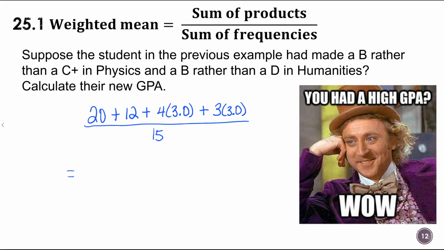Okay, so now we're going to have the 20 plus the 12, and then we're going to add a 12 and a 9. So when we add all those up, we get 53, but remember that's going to be a 12 and that's going to be a 9. We're dividing by 15. And so instead of making a 3.00 for our GPA, it's 3.53 GPA, so that raised it nicely.